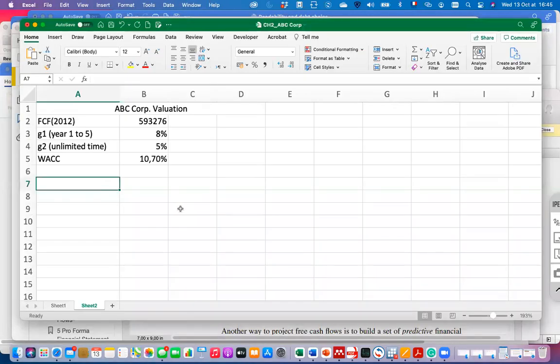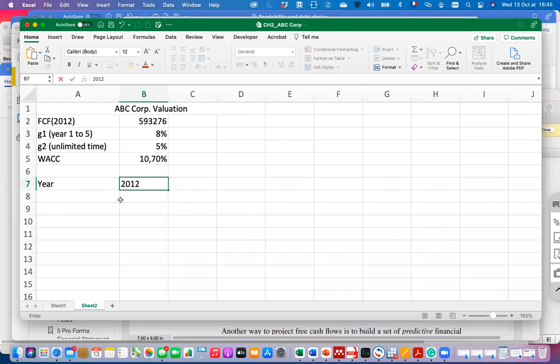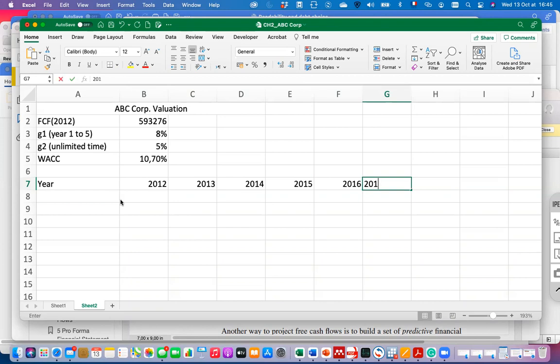Then we have to put the years. We have the current year 2012, which we consider our present. Then we have the next 5 years for the first stage: 2013, 2014, 2015, 2016, and 2017. These are our first stage.